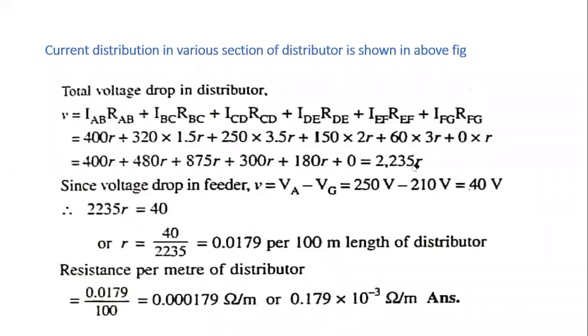Therefore, 235 R is equal to 40. Then we calculate the resistance per 100 meters length of a distributor, divided by 100. This is the resistance per meter.